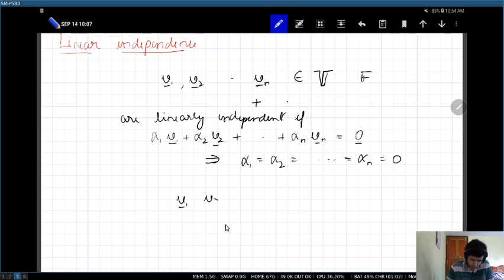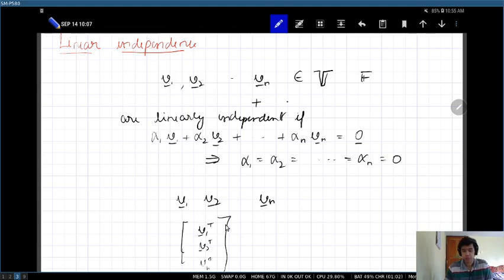To test if v1 through vn are linearly independent, you can either do column operations on the matrix formed by these vectors, or you can write each vector as a row vector, v1 transpose, v2 transpose, up to vn transpose, and then do row operations.